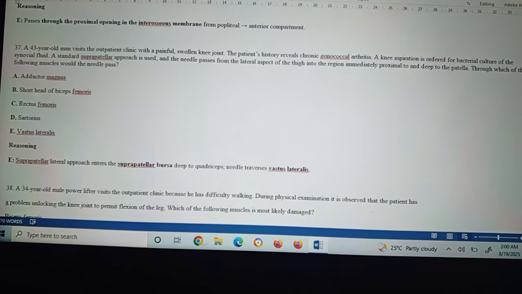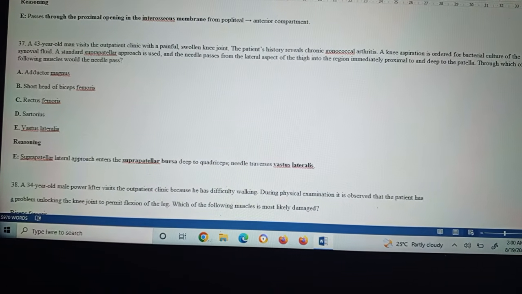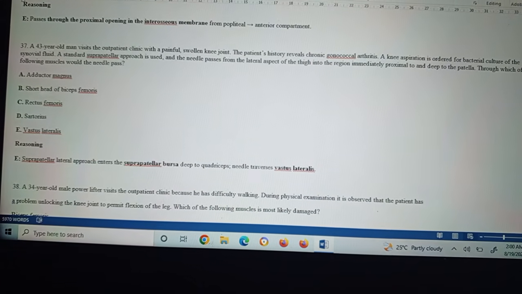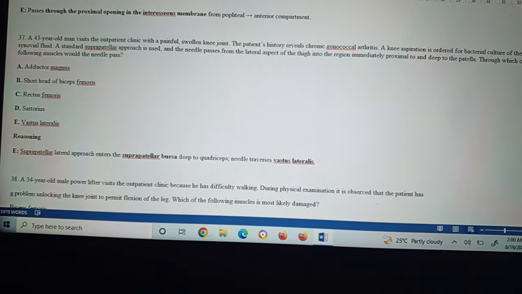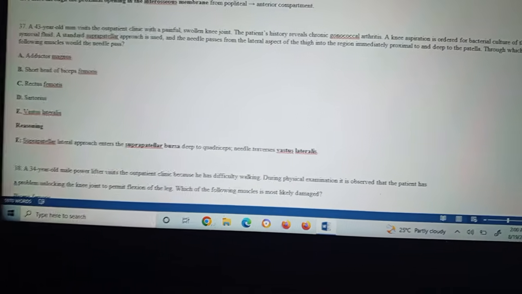Through which of the following muscles would the needle pass: adductor magnus, short head of biceps femoris, rectus femoris, sartorius, vastus lateralis? The answer is E, that is vastus lateralis. The suprapatellar lateral approach enters the suprapatellar bursa deep to the quadriceps, so the needle traverses vastus lateralis.